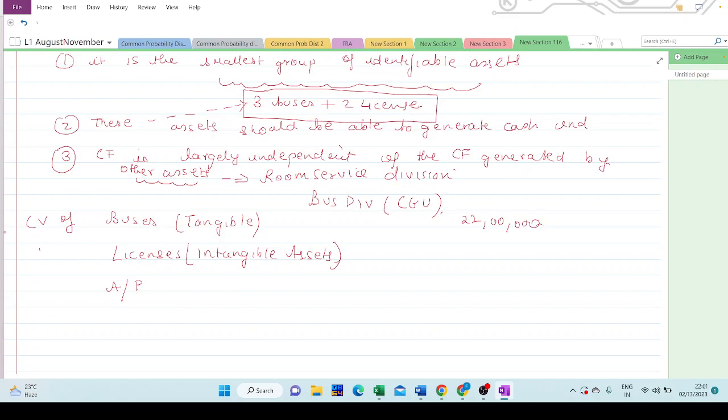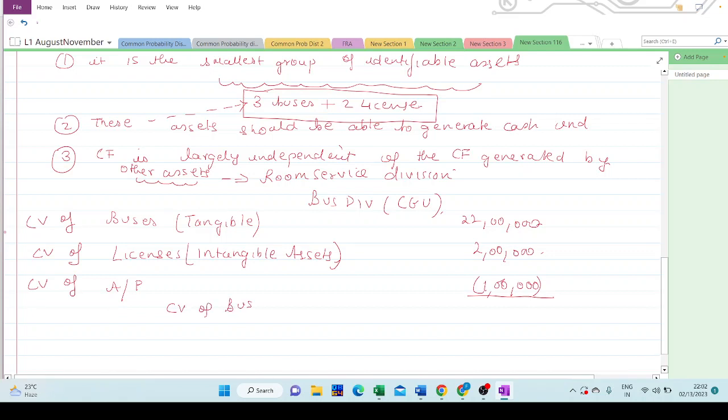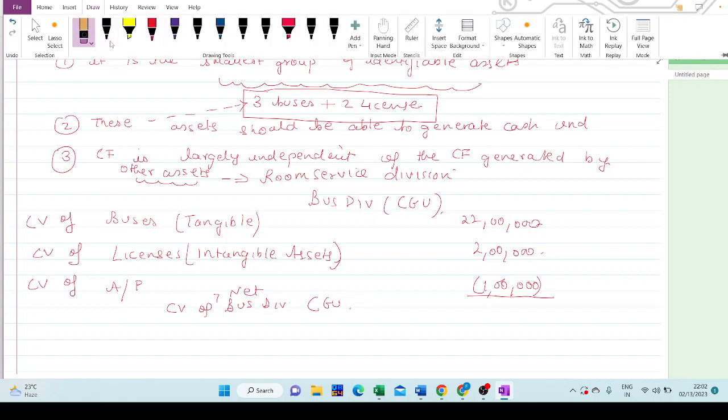Let's say the carrying value of licenses is 2 lakhs. And let's say the carrying value of accounts payable is 1 lakh. So the carrying value of net assets of the bus division CGU would be how much?